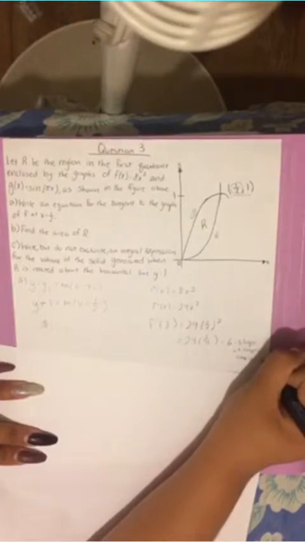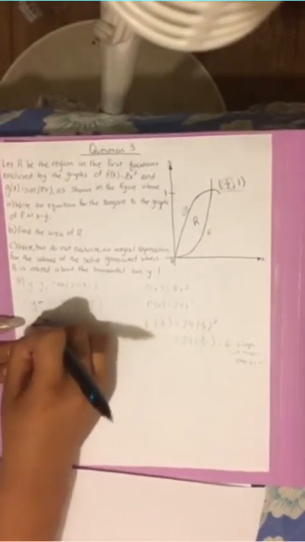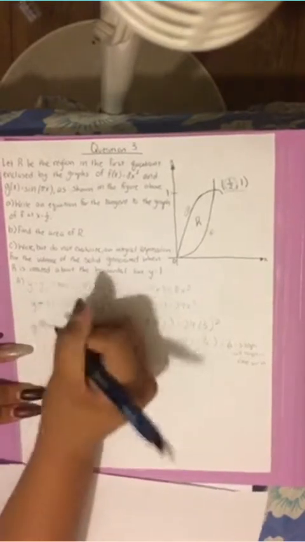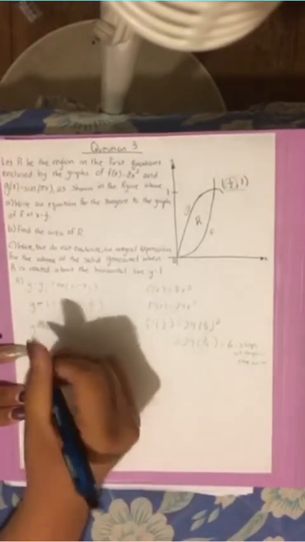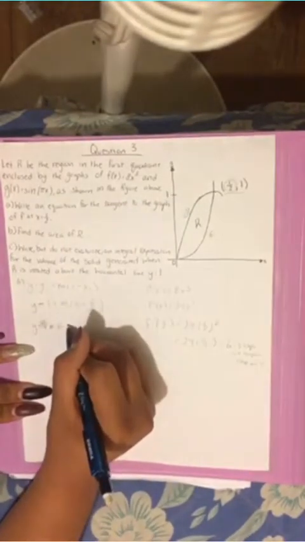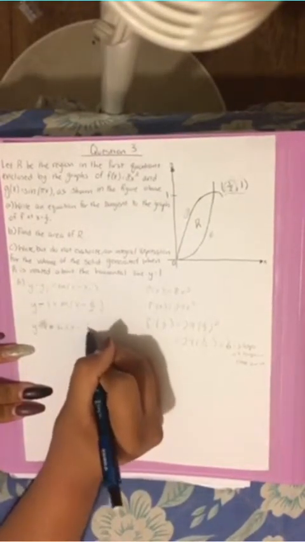or m actually. So now we just need to plug it into the equation that we had initially. So it will be y minus 1 equals 6 times x minus 1/2.